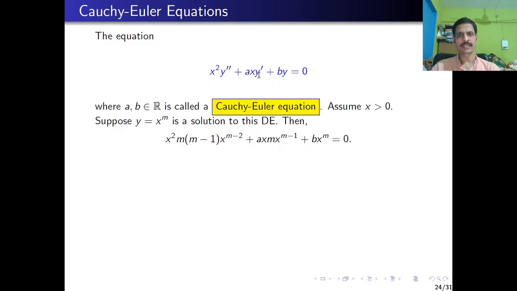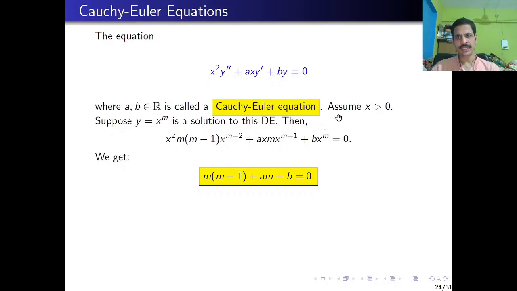When we take the single derivative of x raised to m, we get m x raised to m minus 1, that we put here. So the equation will transform to this when we substitute for y, x raised to m.